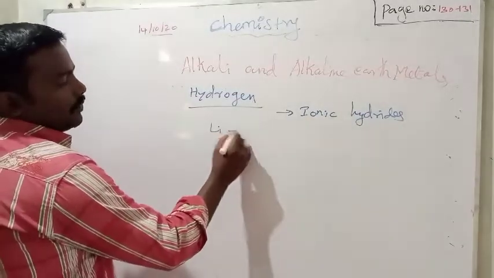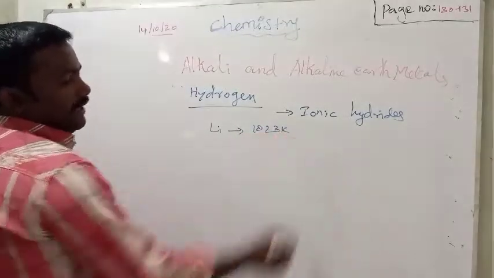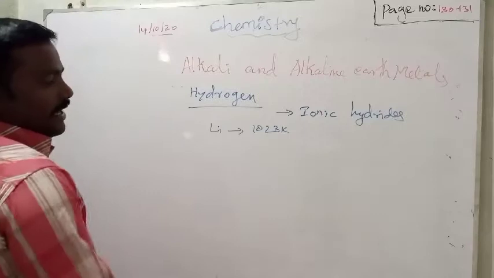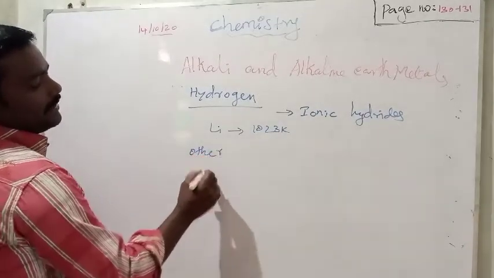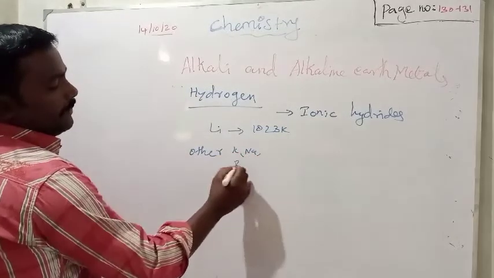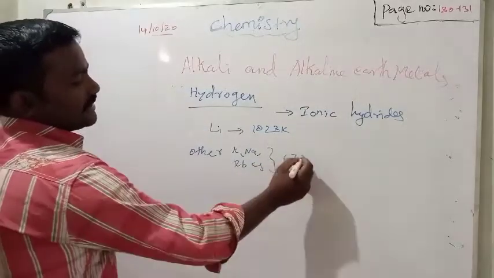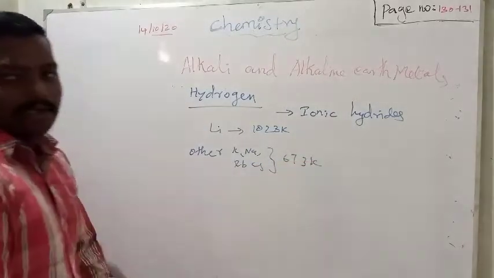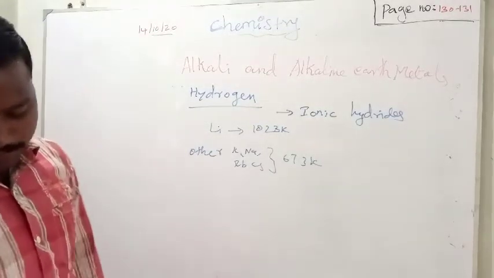Lithium reacts only at 1023 Kelvin, but all other elements in this group, like sodium, potassium, rubidium, cesium, react even at 673 Kelvin, giving ionic hydrides.